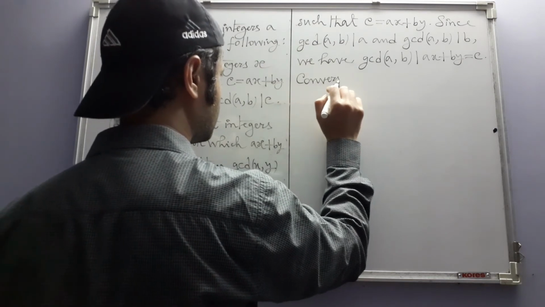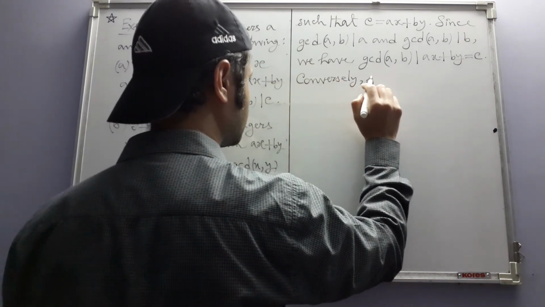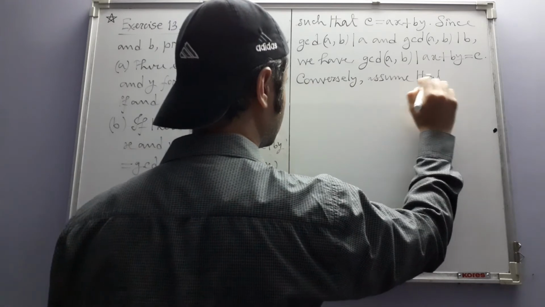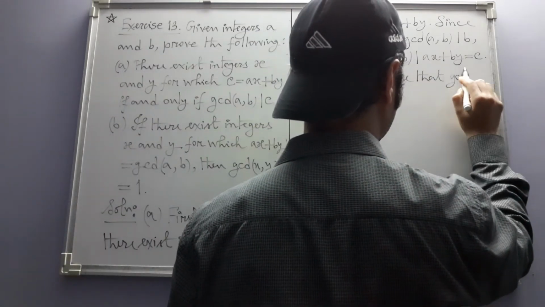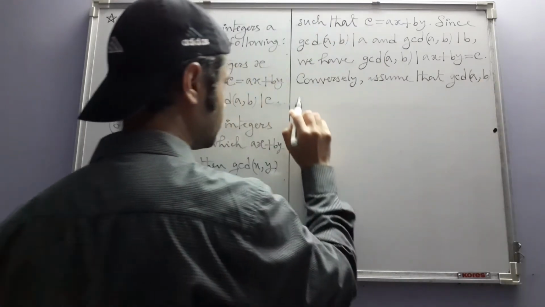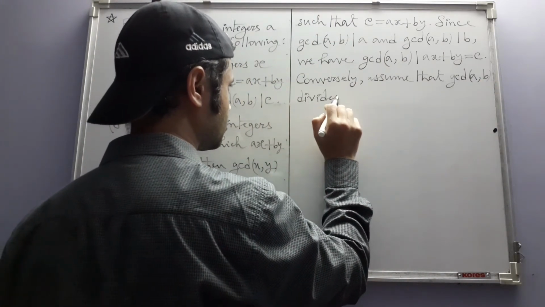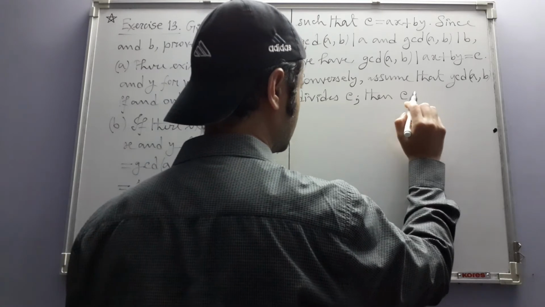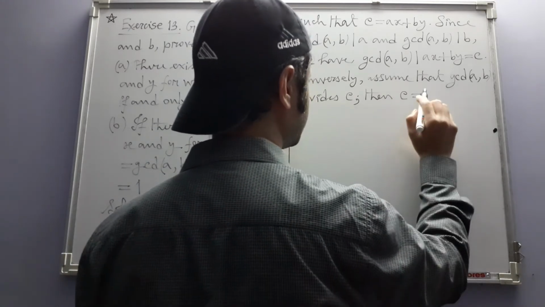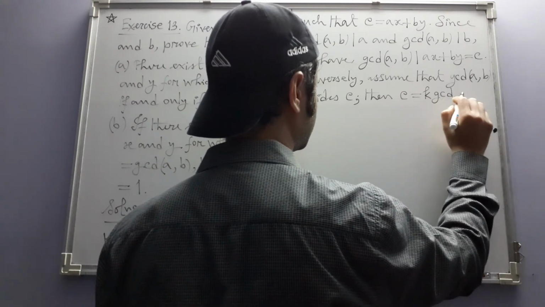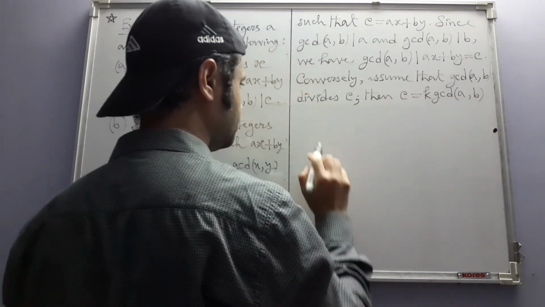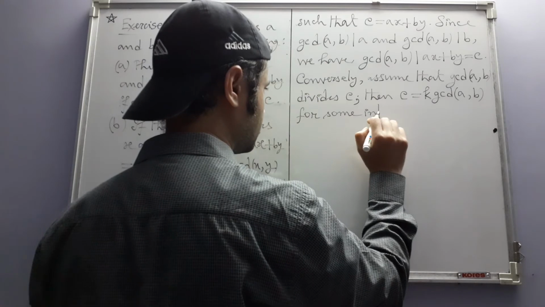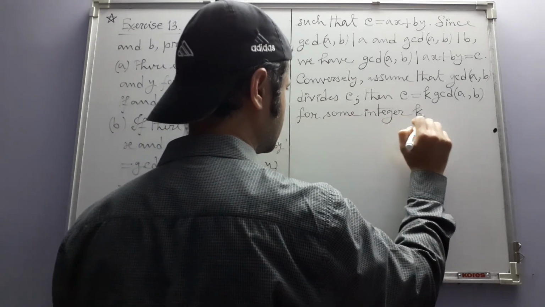Conversely, assume that this divides c, then c is equal to k times GCD of a and b for some integer k.